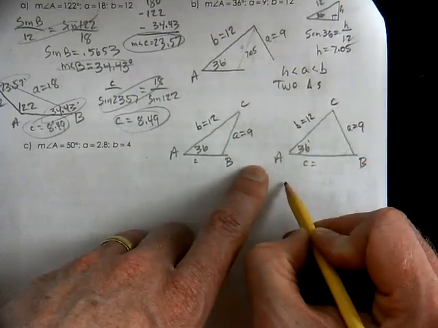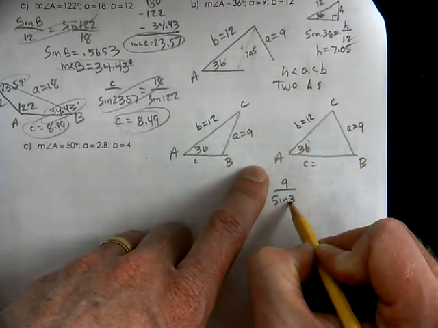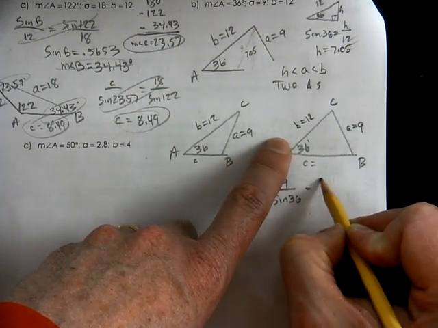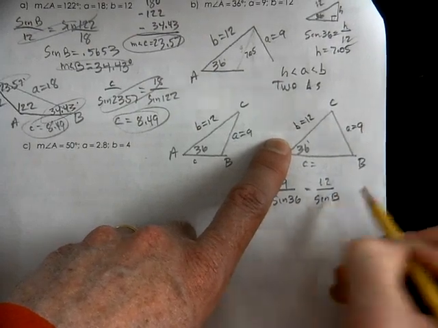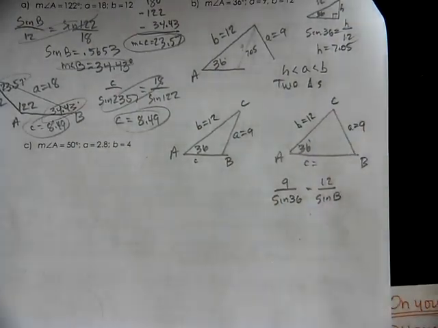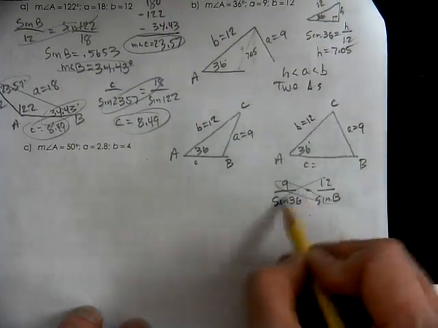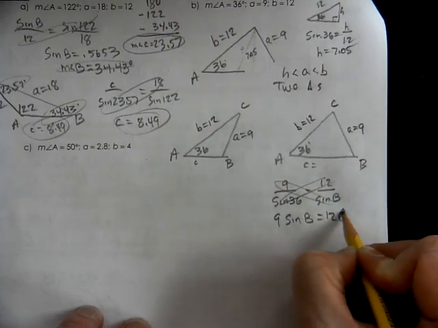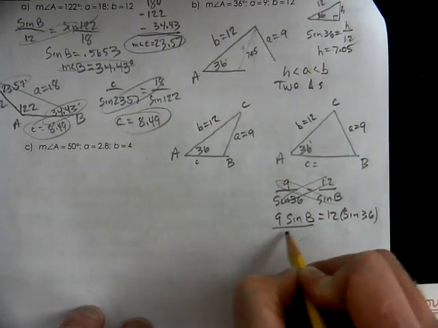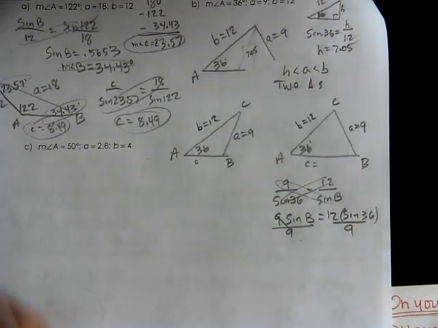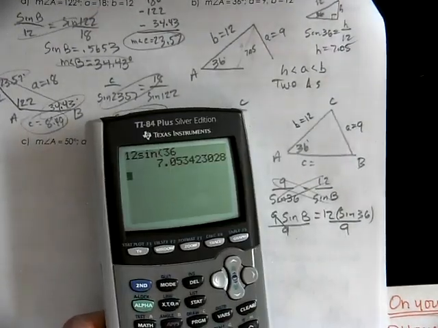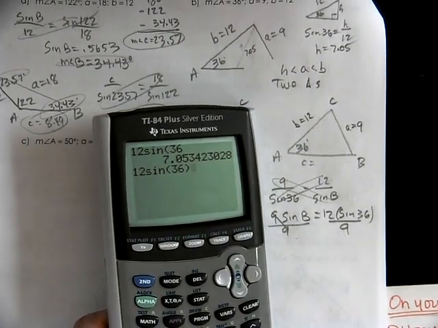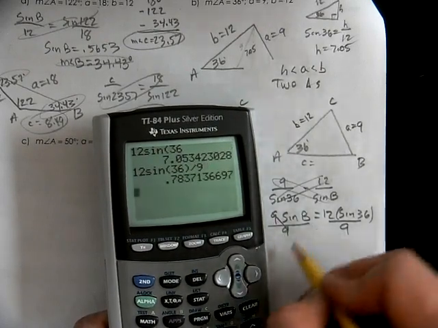So if you just work with the numbers, you get 9 over the sine of 36 equals 12 over the sine of B. Looks like I put my angle on bottom this time. No big deal. I just got to cross multiply and get 9 times the sine of B equals 12 times the sine of 36. And I'll have to come back and divide by 9 as that extra step. 12 times the sine of 36, close a parenthesis, divided by 9.